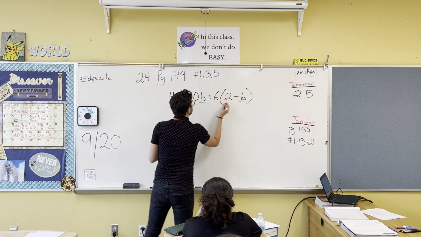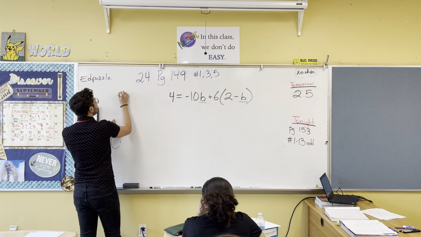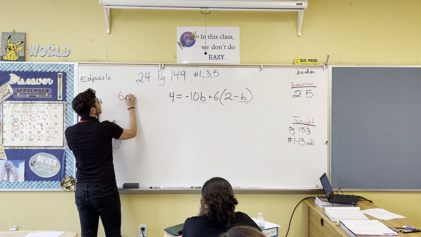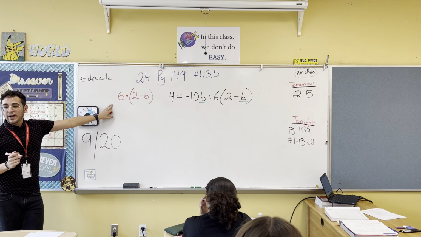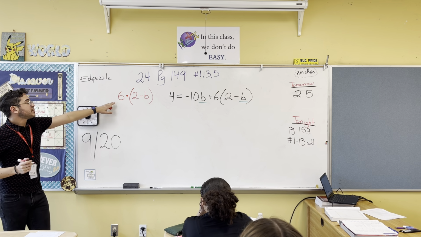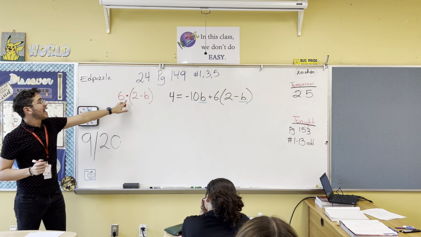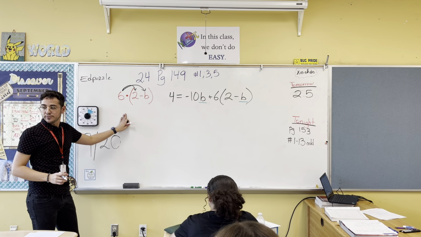Here we have 6 parentheses, which is really 6 times 2 minus b. Under the distributive property, you multiply the 2 times the 6 and the negative b times the 6. The distributive property is when you take the number outside and you distribute it, or you can think you share it, to both terms.